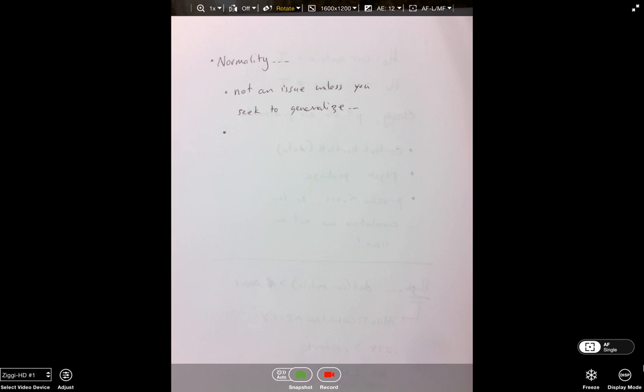So if we're just worried about algebra and calculus and just looking at the underlying structure of displacement test, and we're not seeking to generalize to the larger population, then normality is not really an issue.